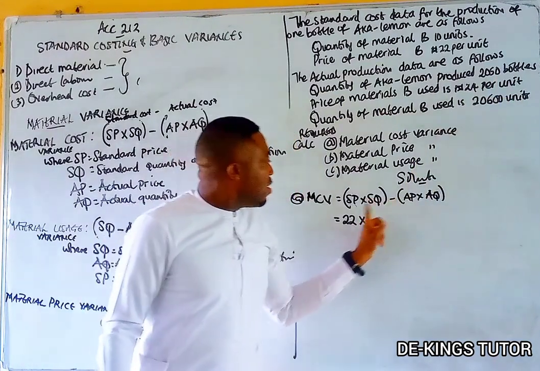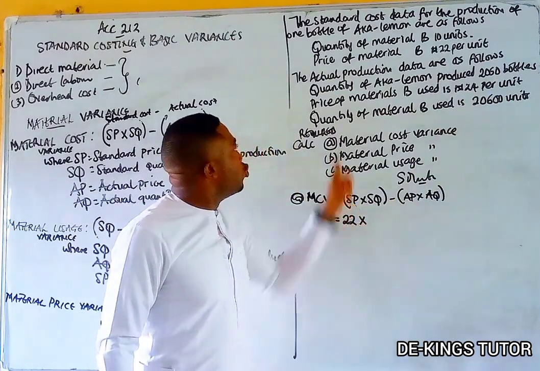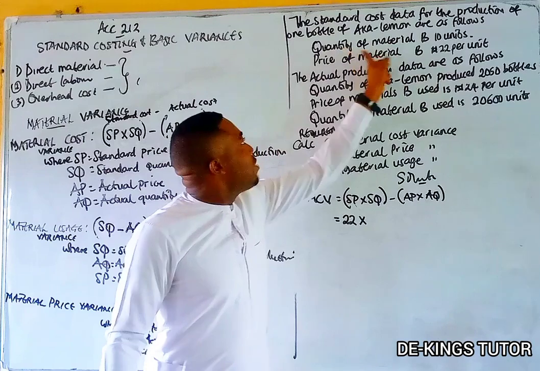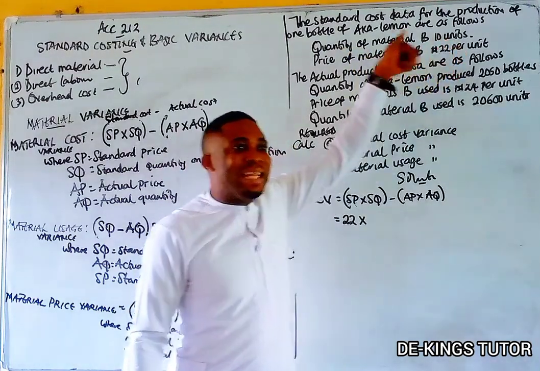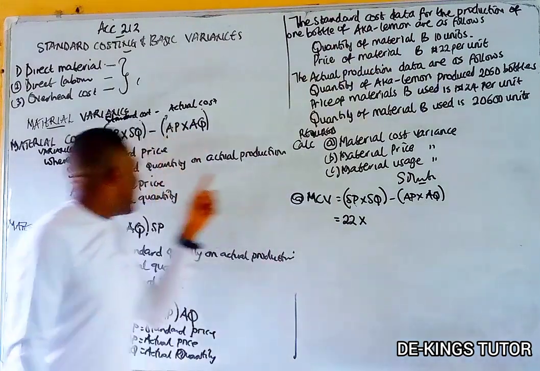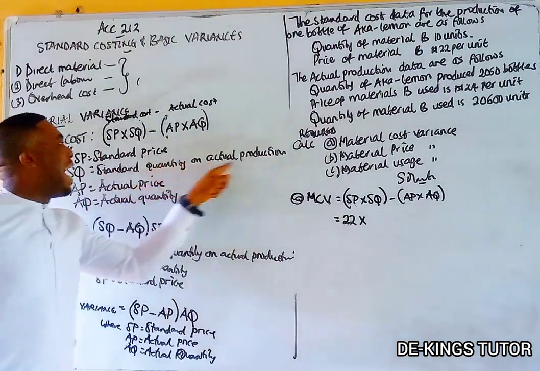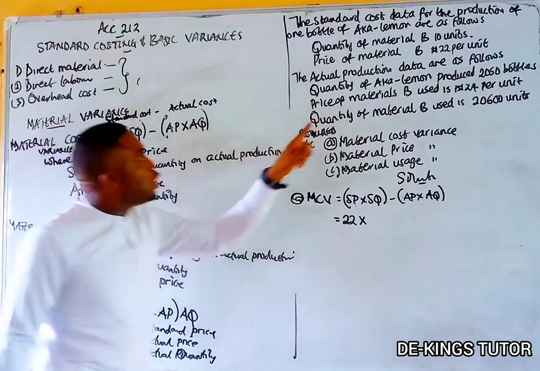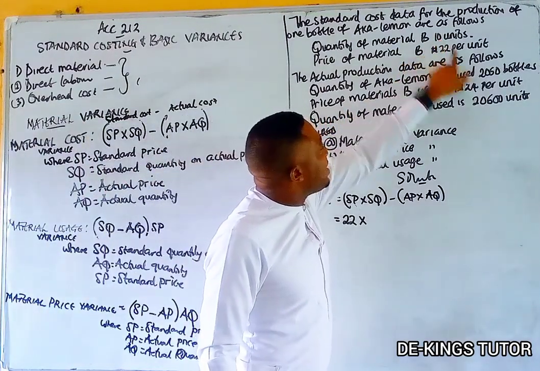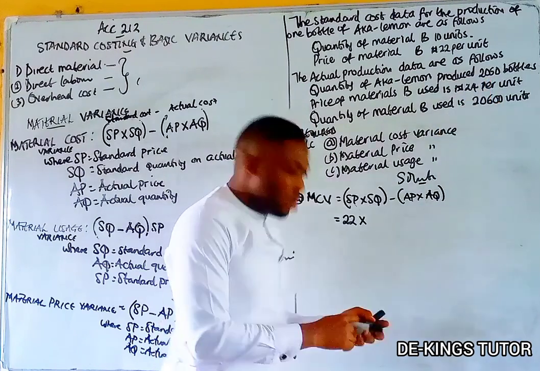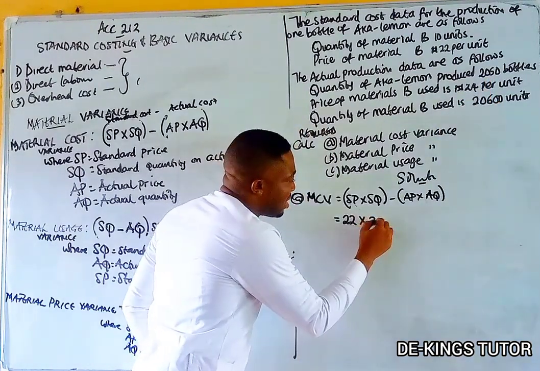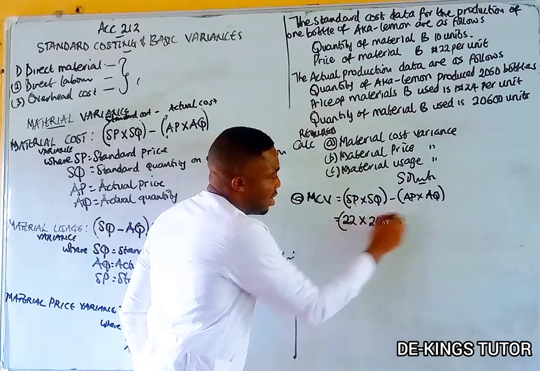So we have the standard price, which is 22, then the quantity of material B is 10 units. Now this will multiply their actual production. That's what we say standard quantity on actual production. So it will now be 10 times 2050, which is 20,500, right?